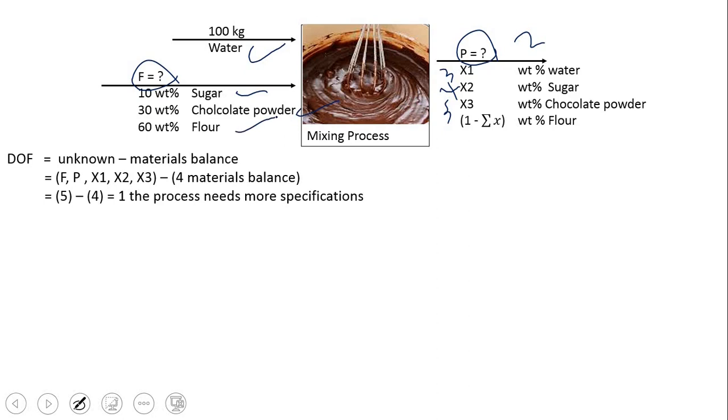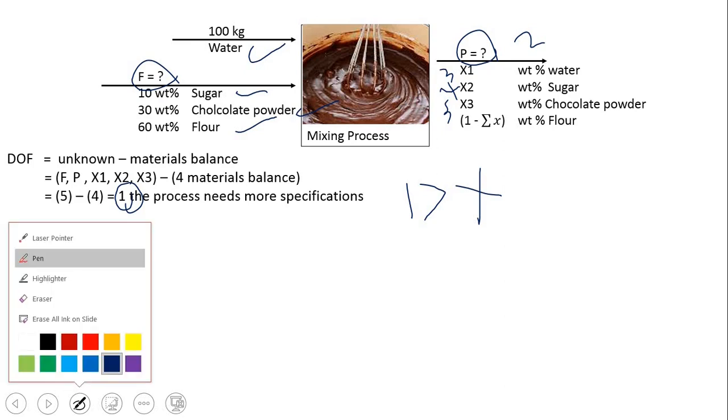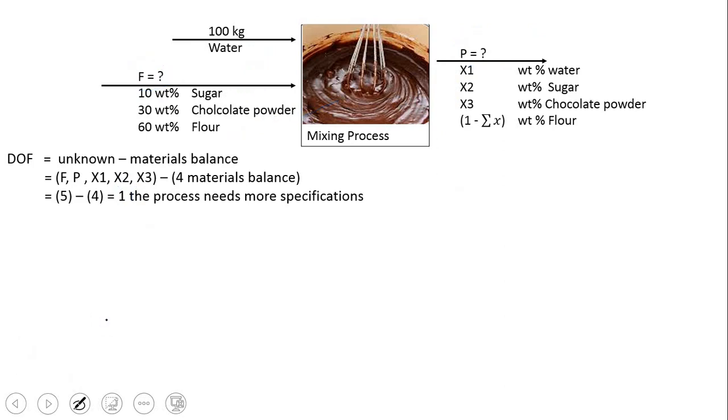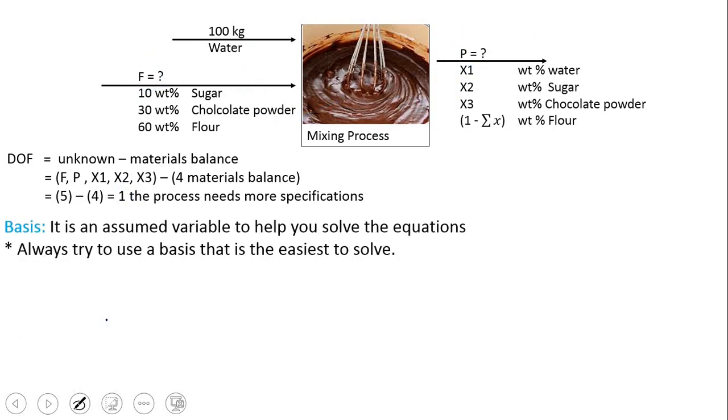We can see that the degree of freedom is bigger than 0, and as we said, if it's more than 0, it's not solvable. So what will you do if you have a system like that, with 1 missing variable?